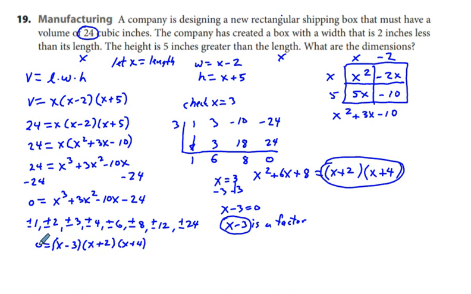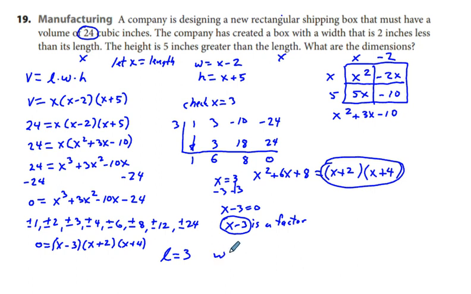Well, what is our answer going to be? Our answer is going to be L is equal to 3. Why is that? Because these other two factors would have L being negative numbers. In the first case here, this would be x is equal to negative 2 and x is equal to negative 4.